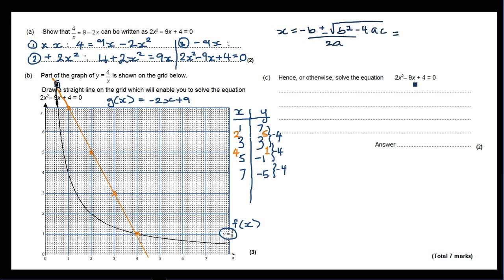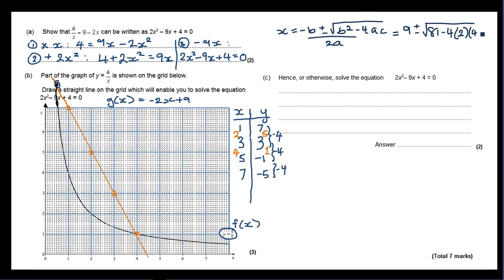Well, minus b is going to be minus 9, so that starts us off with 9, plus or minus the square root of whatever b squared minus 4ac is. So b squared is going to be 81 minus 4 times 2.